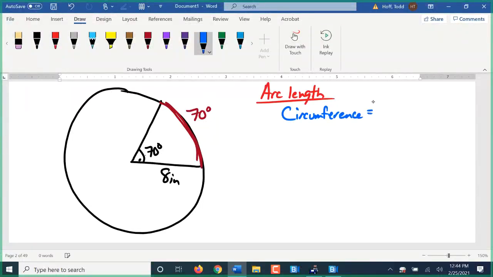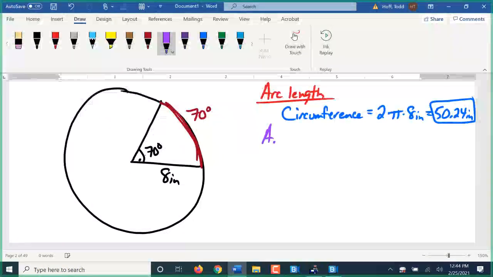So the circumference of that circle is 2 times pi times the radius of 8 inches, otherwise known as about 50.24 inches. So the arc length is that circumference of 50.24 times that angle of 70 degrees over 360.